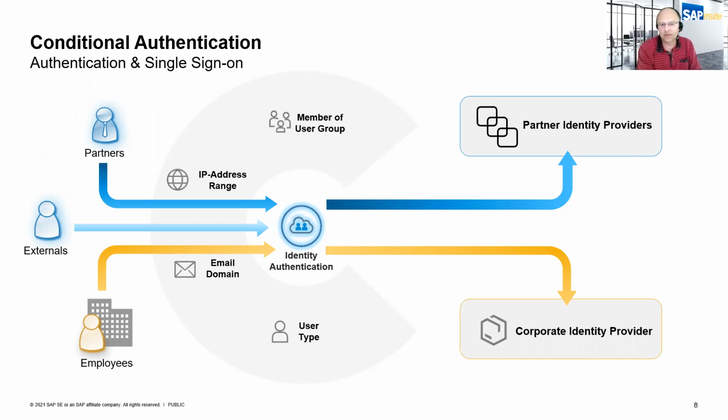Ideally, the goal is always to establish single sign-on. The identity authentication service makes it very flexible to decide that some users are sent to partner identity providers. We as SAP employees are sent to our corporate identity provider, whereas external users can validate with basic authentication in identity authentication. In that example, with our SAP ID service, accounts.sap.com, all the users then have access to the public-facing assets that we as SAP expose.